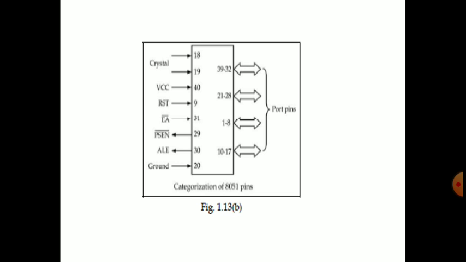So 8 pins are, in total, 32 plus 8, 40, right? 8 into 4, 32 plus 8 pins, that is 40 pins. This is the categorization of 8051, or a simplified diagram, you can see.